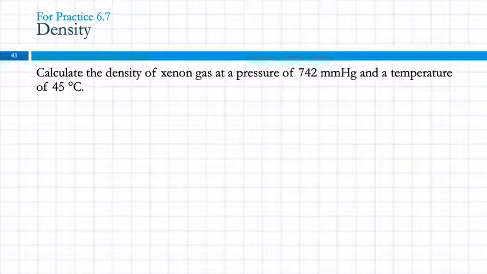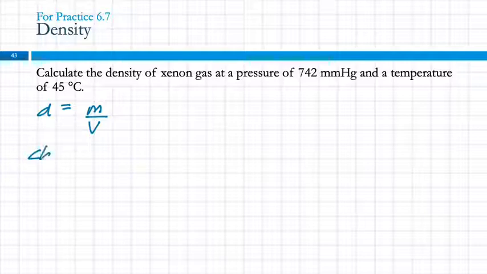Calculate the density of xenon gas at a pressure of 742 millimeters of mercury and a temperature of 45 degrees Celsius. So it says calculate the density. I say to myself, well, the density is the mass divided by the volume. So I need the mass of this gas and I need its volume. And I'm not given an amount.